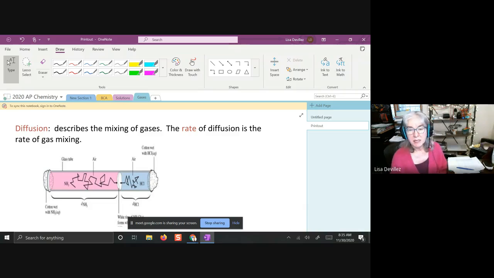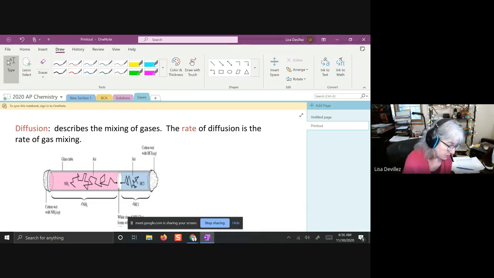It's because the gas particles are going in straight line trajectories until they hit something and change their path, but they're always moving. And so eventually they diffuse throughout the room, just through their nature of being gas molecules.